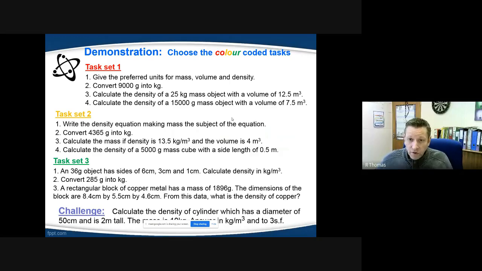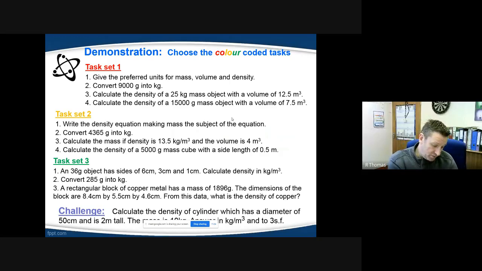The density of an object with 25 kilogram mass and a volume of 12.5, mass divided by volume, is 2 kilograms per meter cubed. And number 4, the density of a 15,000 gram mass object with that volume, convert that to kilograms, is 15 kilograms, divided by 7.5 is again 2 kilograms per meter cubed.